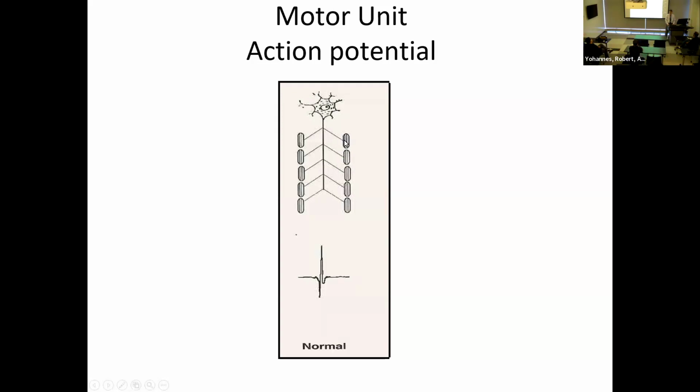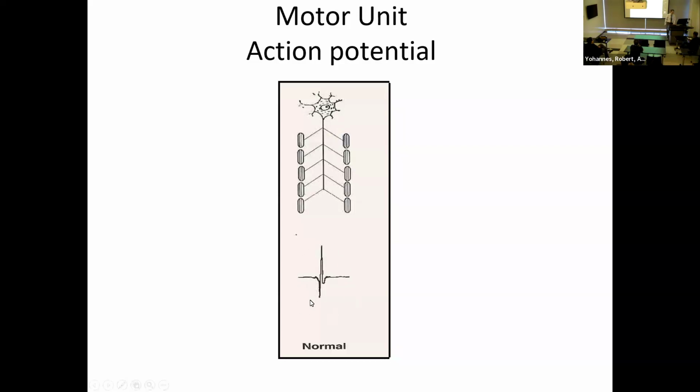Just to remind you, muscle fibers are individual cells within the muscle itself. So it's not individual muscles, those are individual cells within the muscle. Each cell is a muscle fiber, and each one of them is innervated by an extension of an axon from one neuron. In this case, these are the neurons that sit in the anterior horn of the spinal cord, the lower motor neuron that we're discussing.